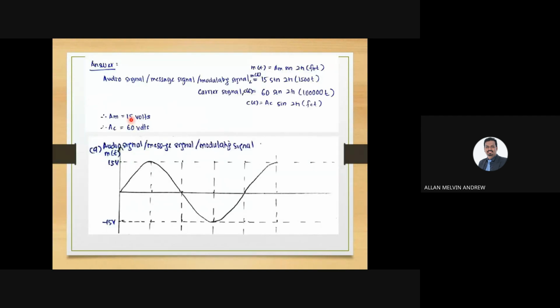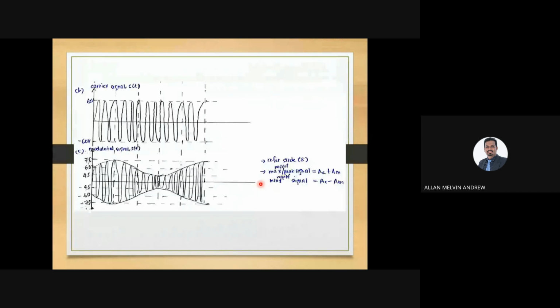So we know it goes up by 15. You just need to translate this into this. Meaning from 60, it goes to a maximum of 75, which is plus 15. Then it goes down to 60 minus 15, which is 45.